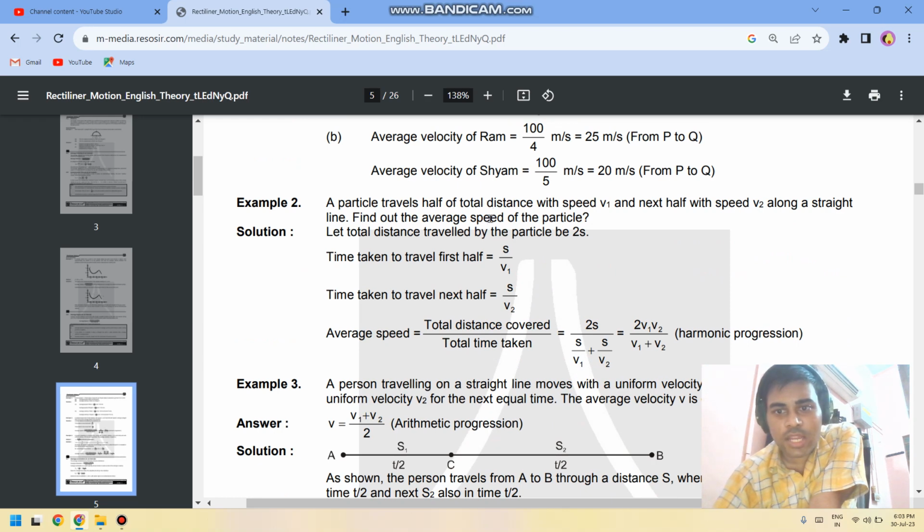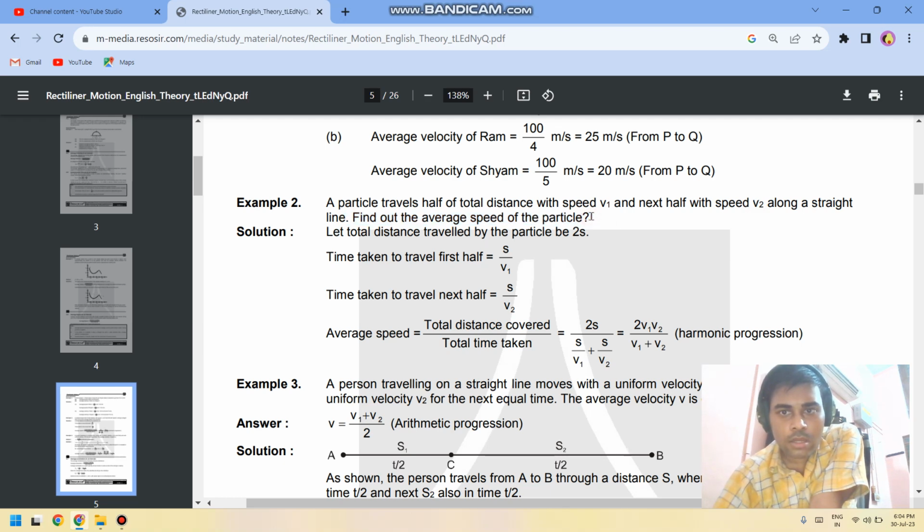Now this question is very easy. A particle travels half of the total distance with speed v1 and the other half with speed v2. Find out the average speed of the particle.